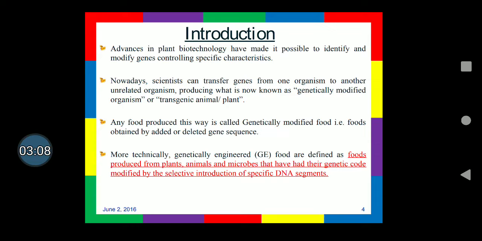We call it a transgenic plant or animal. Any food produced this way is called genetically modified food. The foods obtained by added or deleted gene sequences are referred to as GMO in short, the genetically modified organism. The foods that come under the consumption category are called genetically modified food.